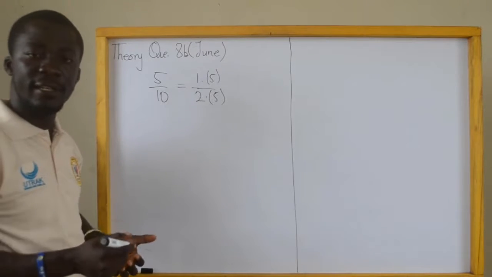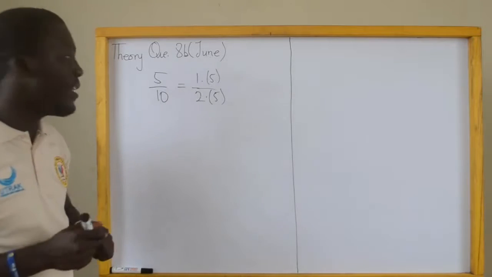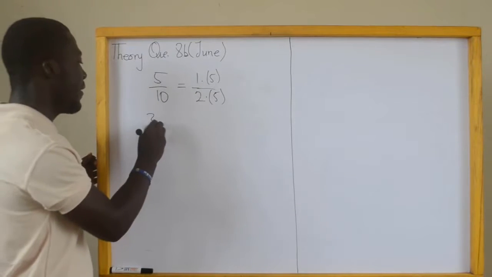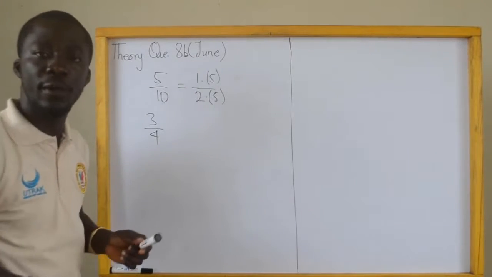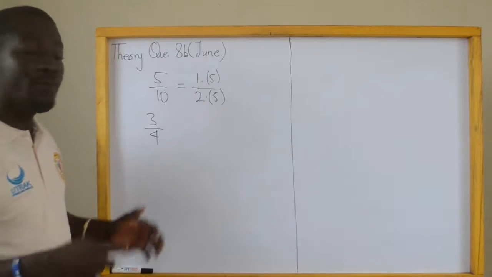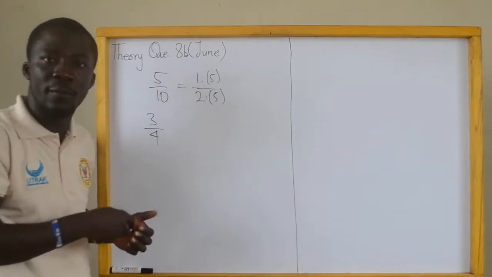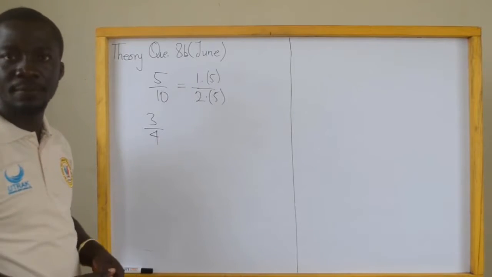So in our question, we have been given our simplest form, which is 3 over 4, of a fraction that we don't know, and we have to find the fraction. This means that before we had this simplest form, there existed a certain common factor.